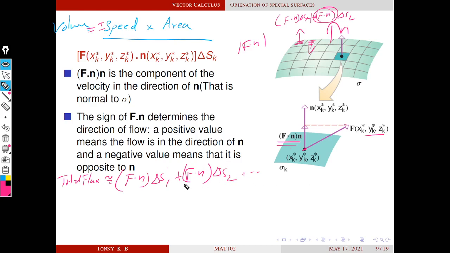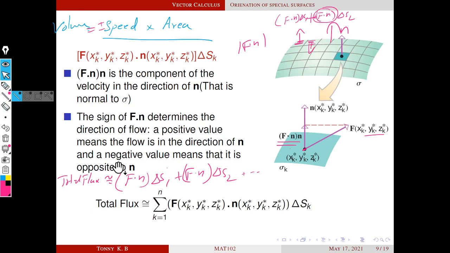This is an approximation, and it gets better and better when the size of these patches is very small. That is possible when n is very large.